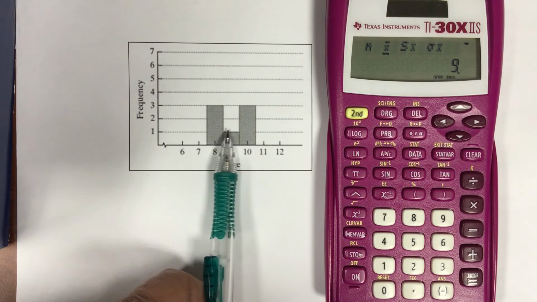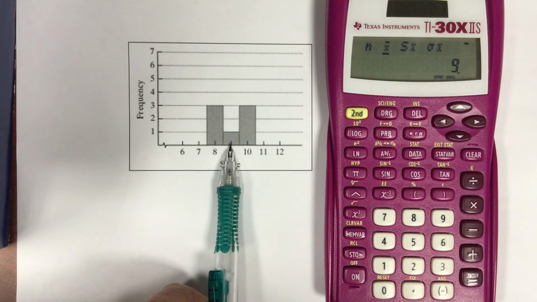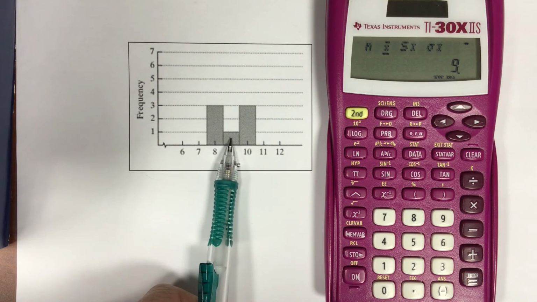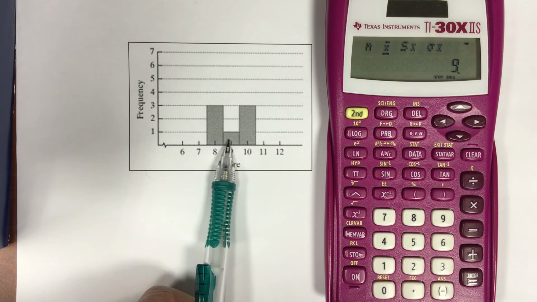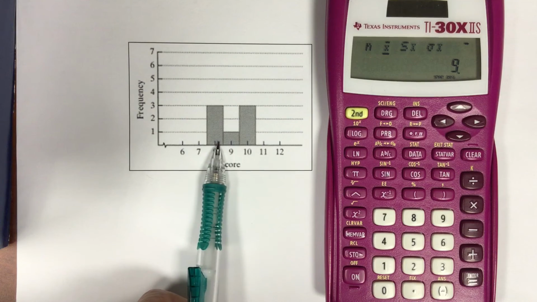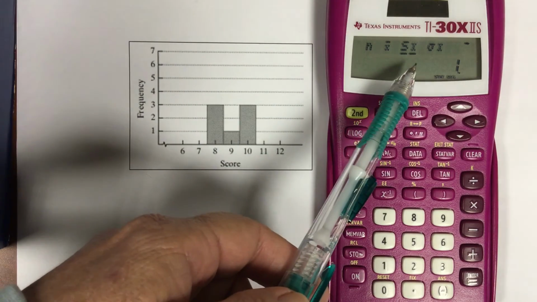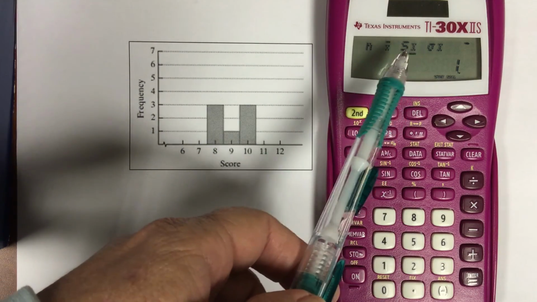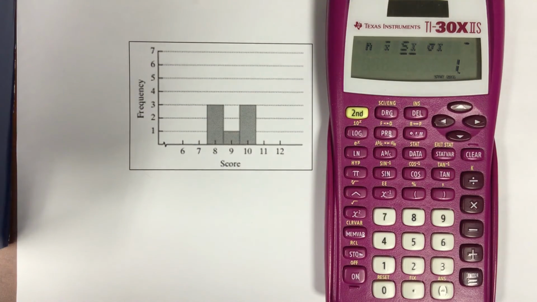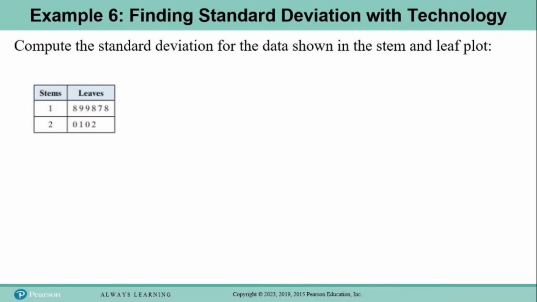Then there's 1 data value that actually is the same as the mean. And so except for that 1 value that is a 9, the rest of the values are exactly 1 step away from the mean. And so it just makes a ton of sense to me that the standard deviation should be 1.